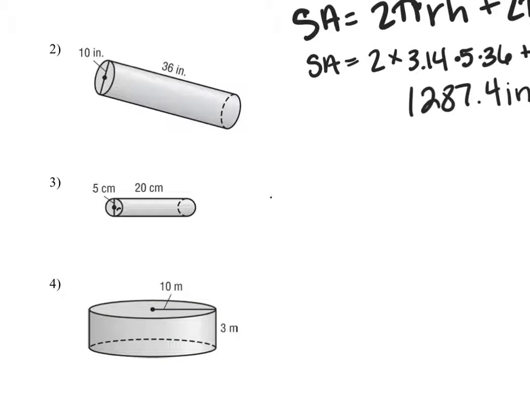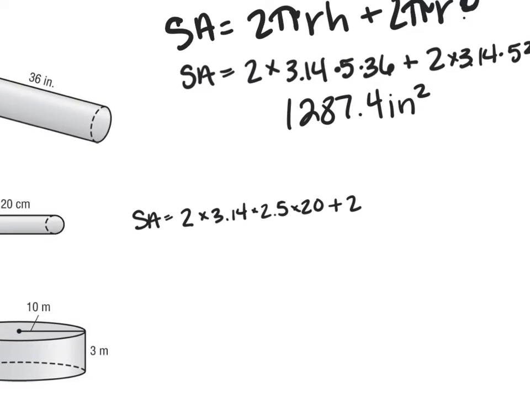Surface area equals 2 times 3.14 times 2.5 times 20 plus 2 times 3.14 times 2.5 squared. 2.5 squared is 6.25. We insert that into our formula and multiply it all through, plus 2 times 3.14 times 6.25.